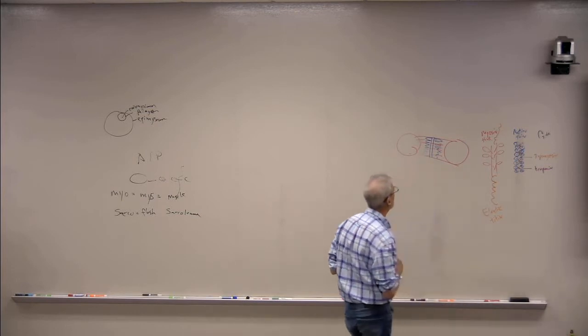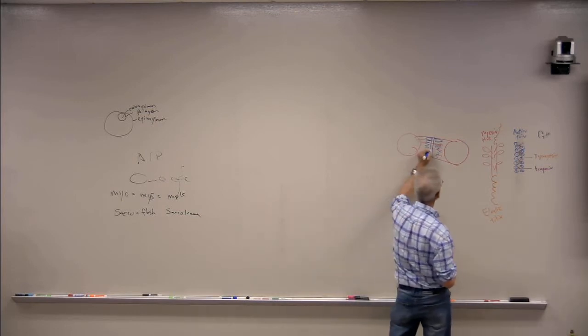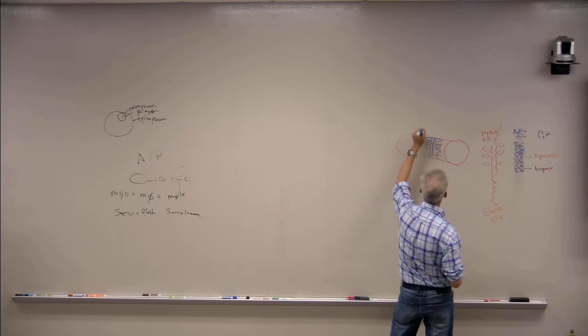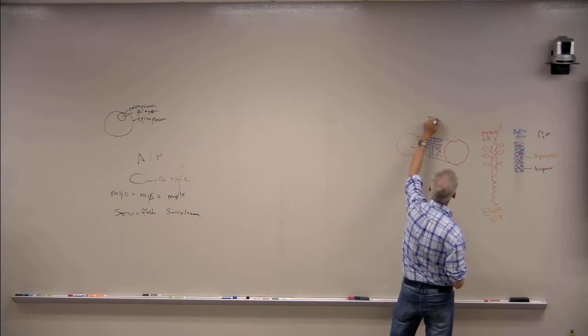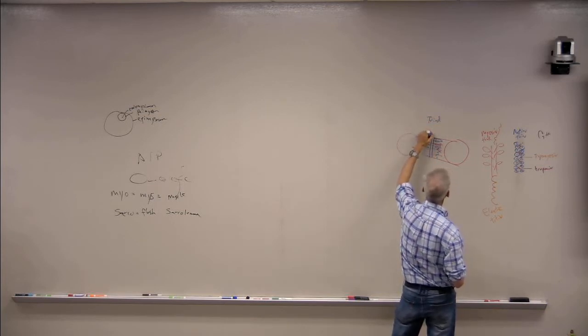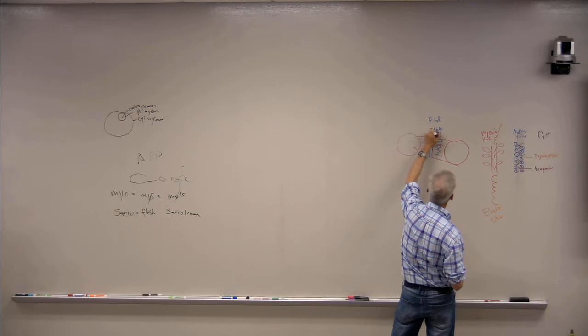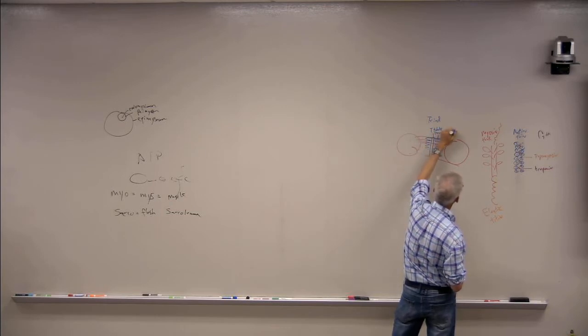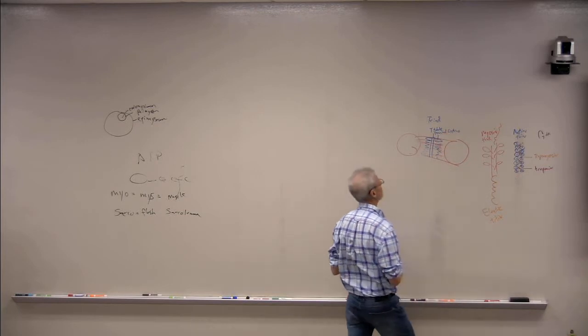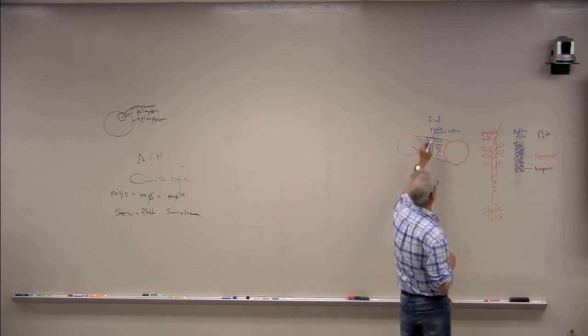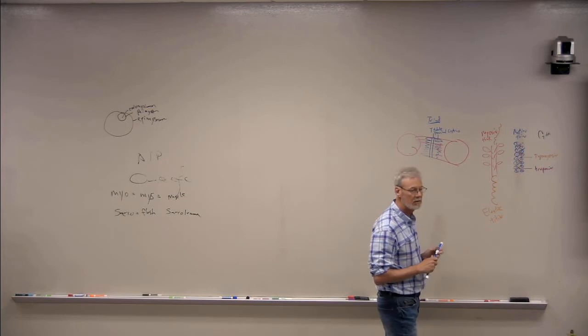This is called the triad, T-R-I-A-D, and that is the T-tubule. And these are terminal, T-E-R-M-I-N-A-L, terminal cisterns. It's called the triad collectively.